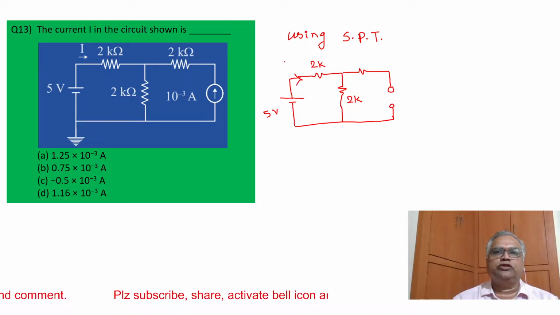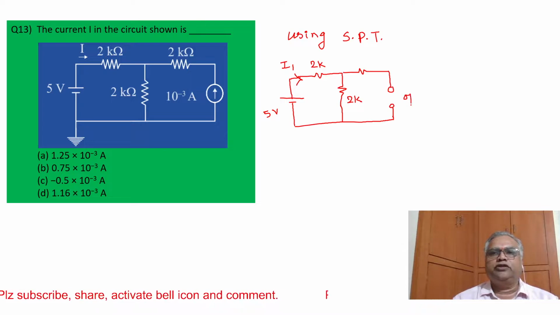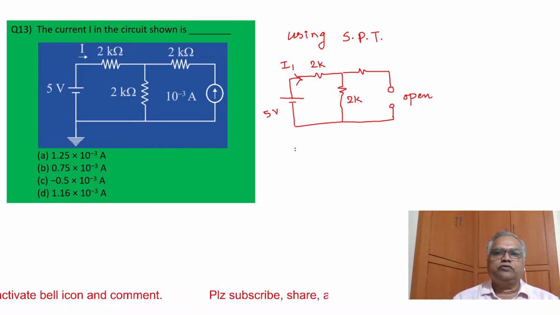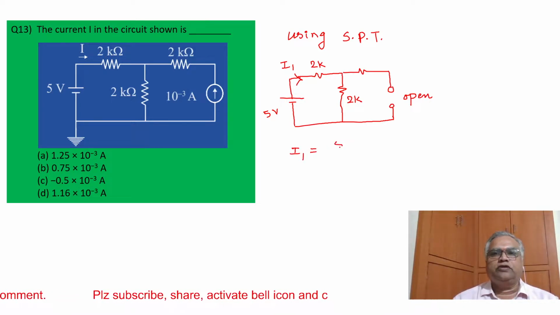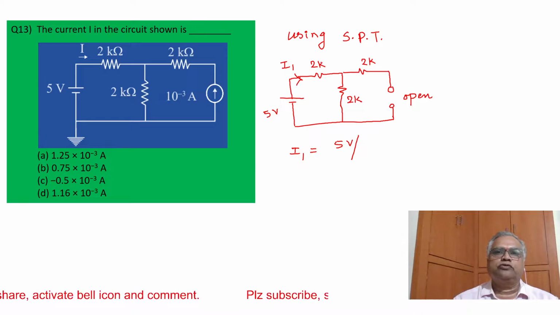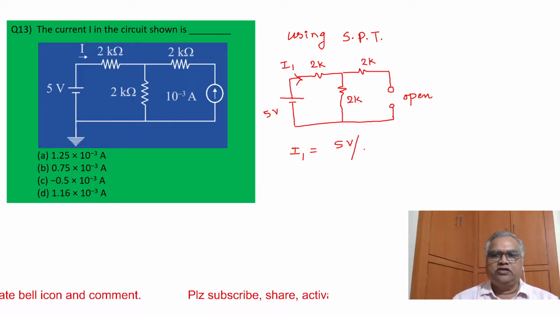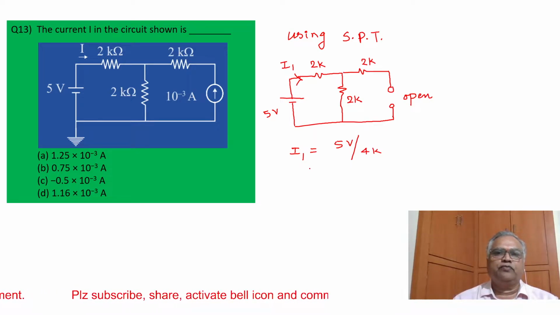Let us assume this current is I1. The current source is anyway open, so what is I1? It is 5 volts divided by 4K, since the 2K resistors are in series and no current flows through the open branch. This is I1.